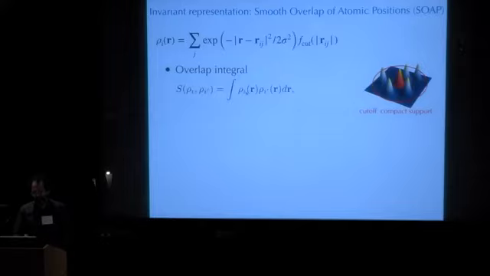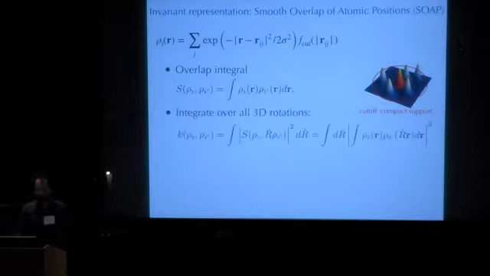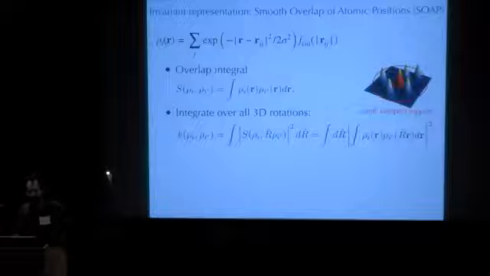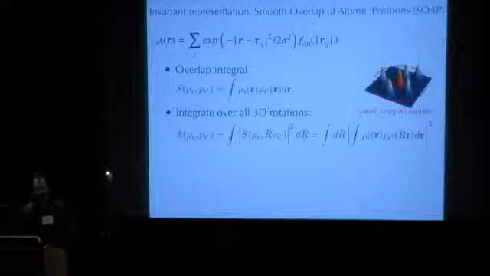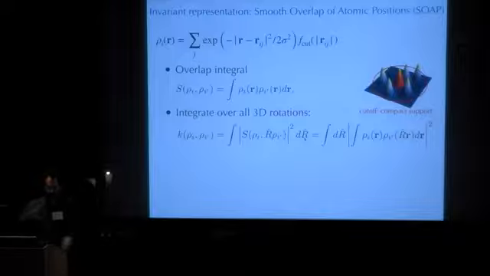But we also want to solve rotational invariance. And we're going to do that by integrating the square of this overlap over all possible rotations. So this dR-hat is an integral over one of the environments over all possible rotations as we multiply and integrate.